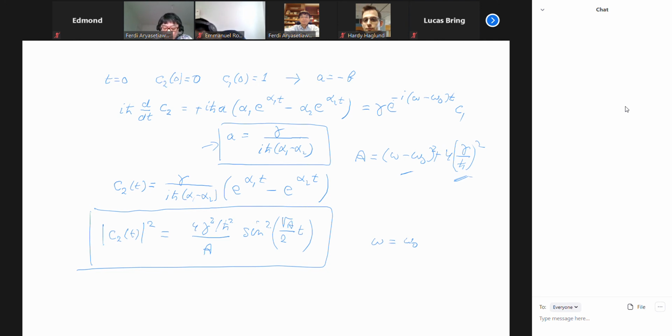Then the value of C2 squared will be a maximum if sine squared is equal to 1. And we have what's called the resonance. So we get the resonance here. So this is characteristic of physical systems, that if you perturb the system in such a way that the frequency of the perturbing field is equal to the natural frequency of the system, then you get a resonance.